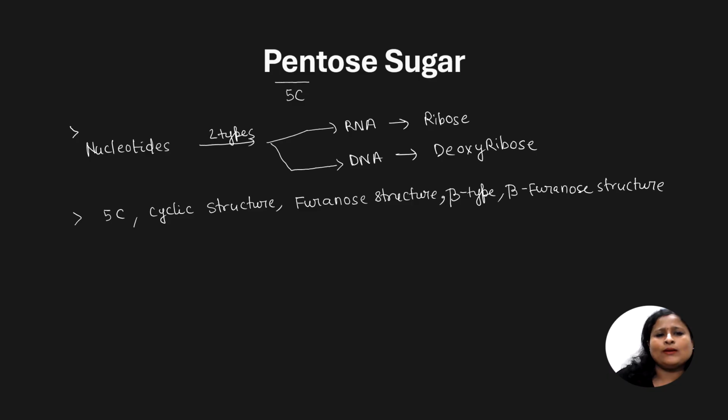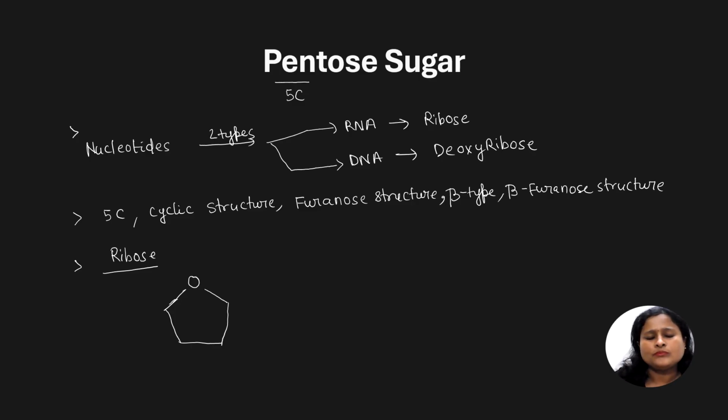Now, let's learn how to make the ribose structure. To make ribose, first start by placing an oxygen atom. Then make a 5 carbon ring structure.